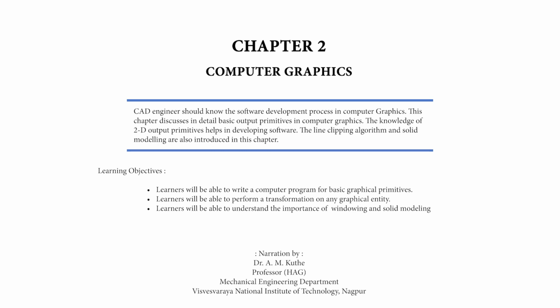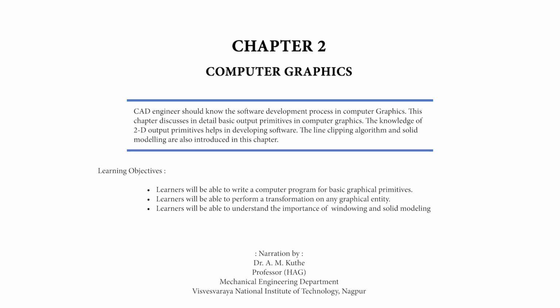Para 2.8.2 Scaling. Using scaling, it is possible to enlarge or reduce the graphical entity. The general equation of scaling is x dash equal to x into sx, y dash equal to y into sy, where x dash, y dash is the scaled image of the point x, y. Sx and sy represent the scaling factor in the x and y direction.